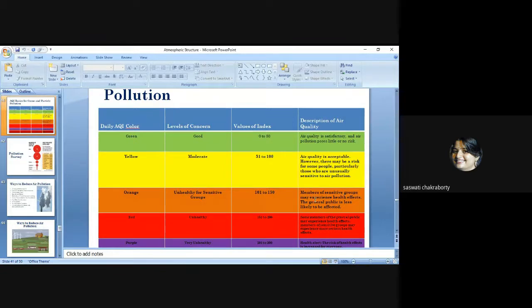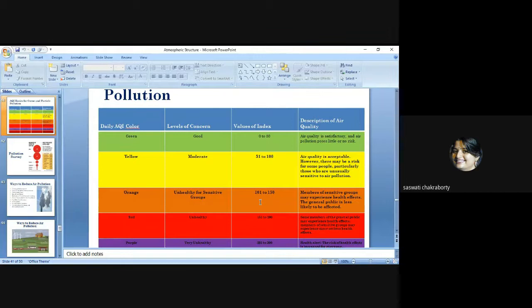Members of sensitive groups may experience health effects. The general public is less likely to be affected. Now, what are sensitive groups? The elderly and the kids, and people who have comorbidity, people suffering from various ailments. The red is unhealthy, of course. It is from 151 to 200.